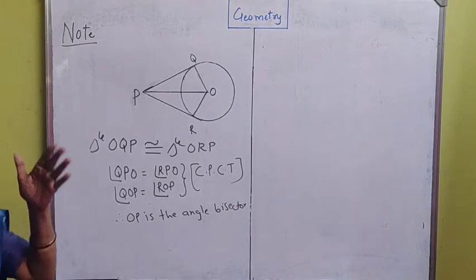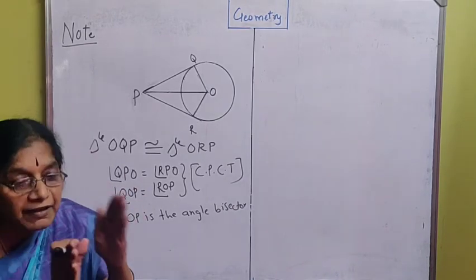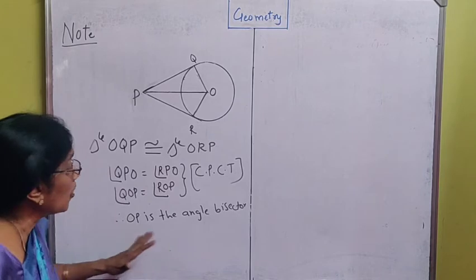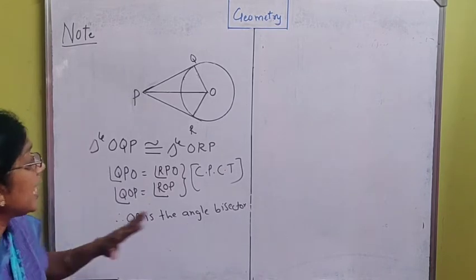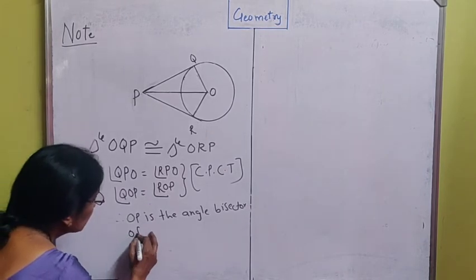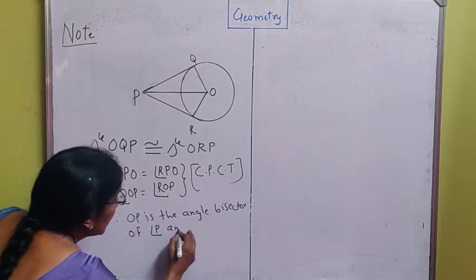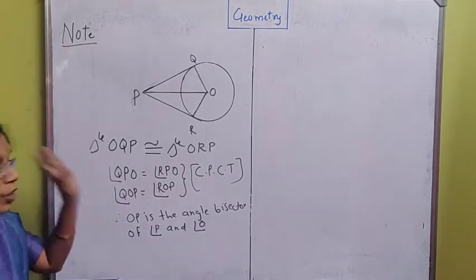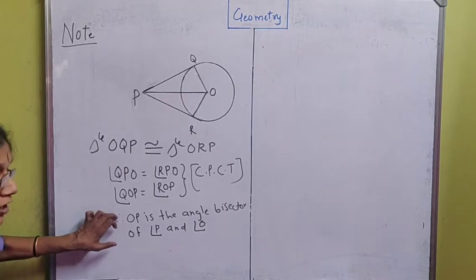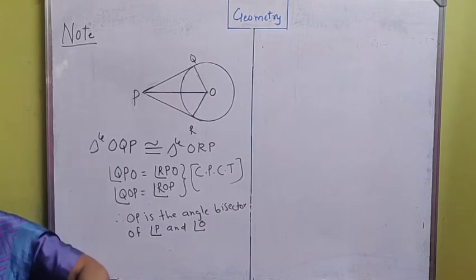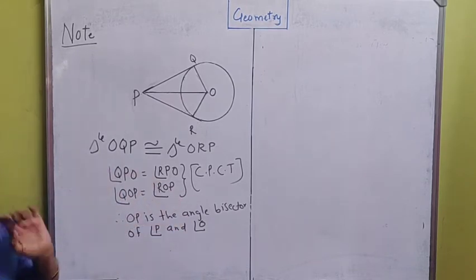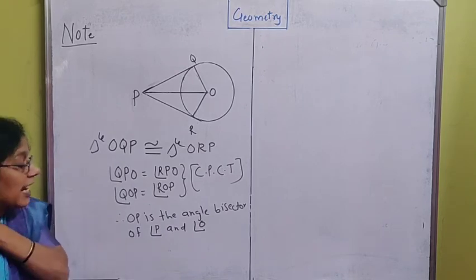A line which divides the angle into two equal parts is called an angle bisector. So OP is the angle bisector of angle P and angle O. This is very important because while we are calculating the sums, we will be using this.